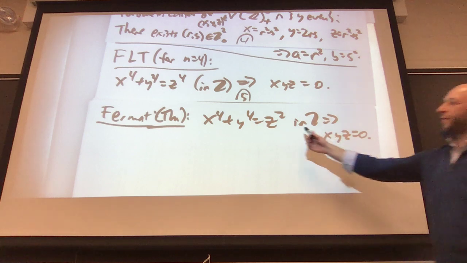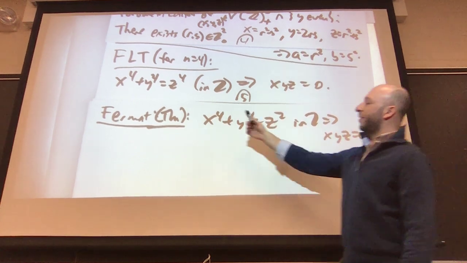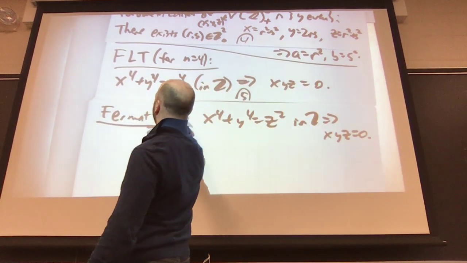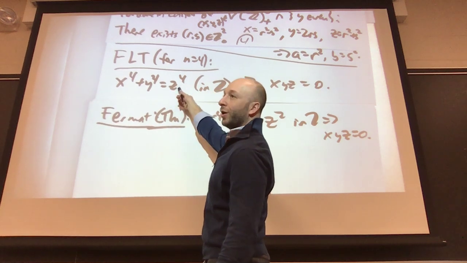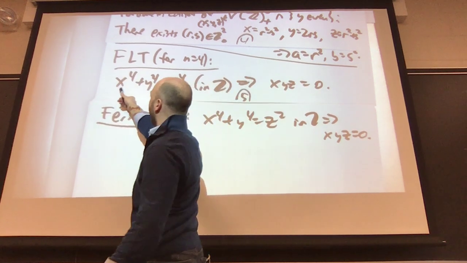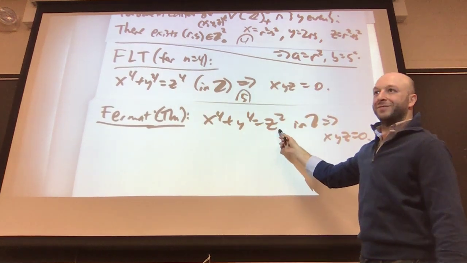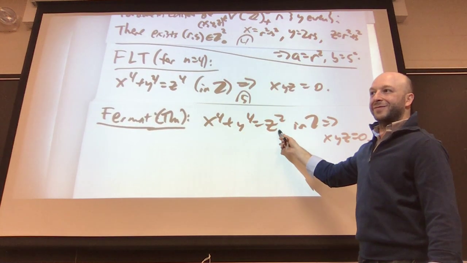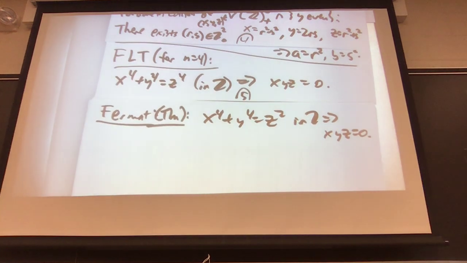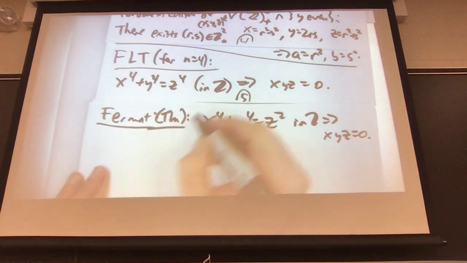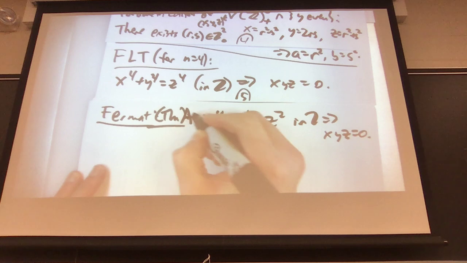So if you can't even solve this equation, suppose you have a solution to x to the 4 plus y to the 4 equals z to the 4. Well, z to the 4, you can say x, y, z squared solves this equation. So let's call this theorem A.